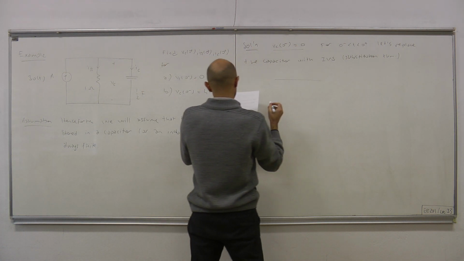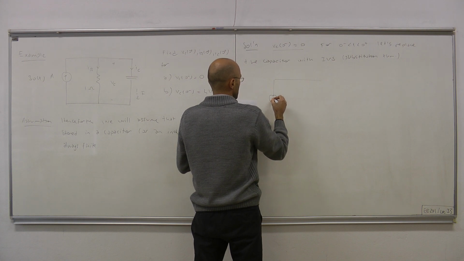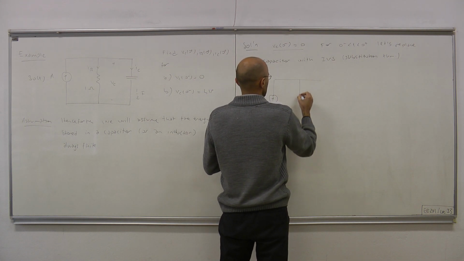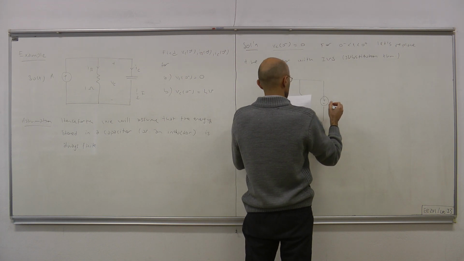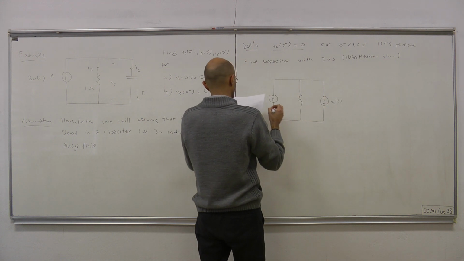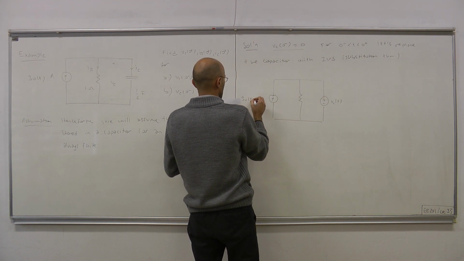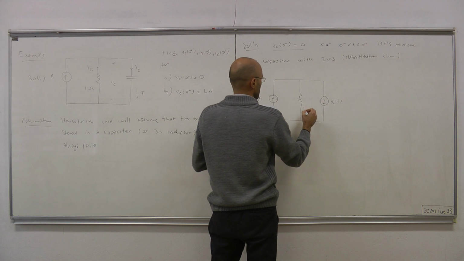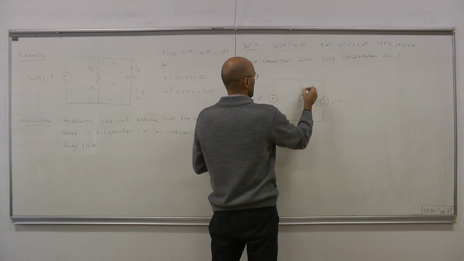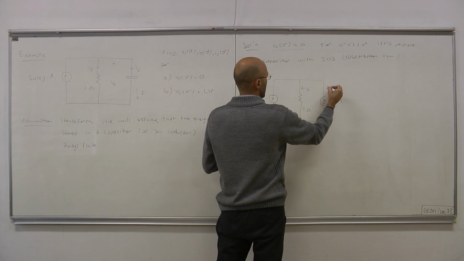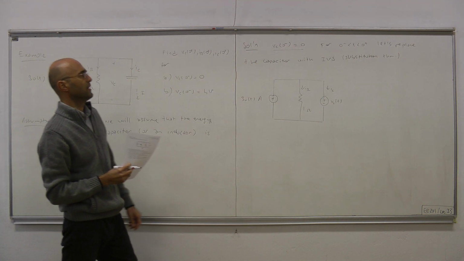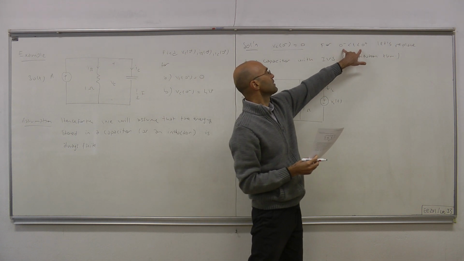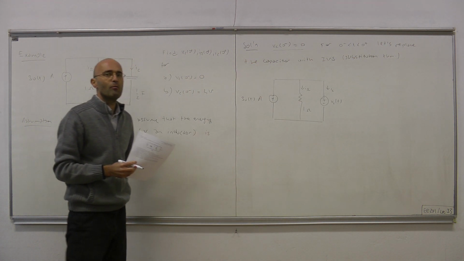Here we have the circuit. This is VC(t), plus minus. The source is 3 u(t), and the resistor is 1. Here we have IR, and here we have IC. We don't know at this point what the capacitor voltage does between 0 minus and 0 plus.